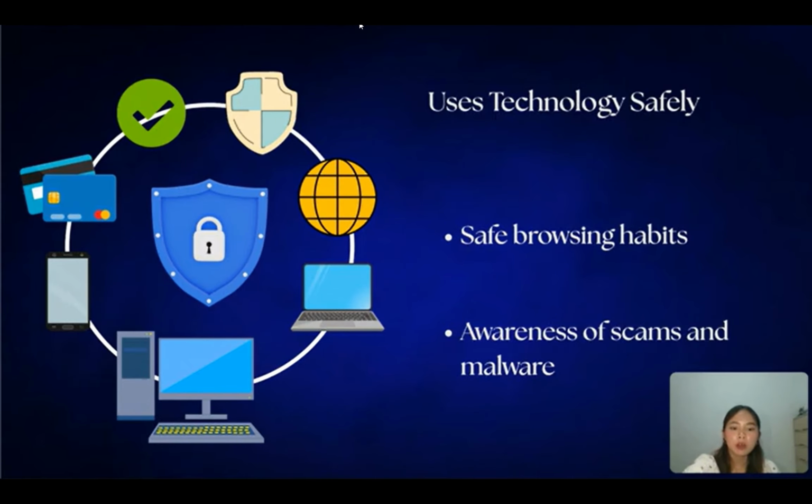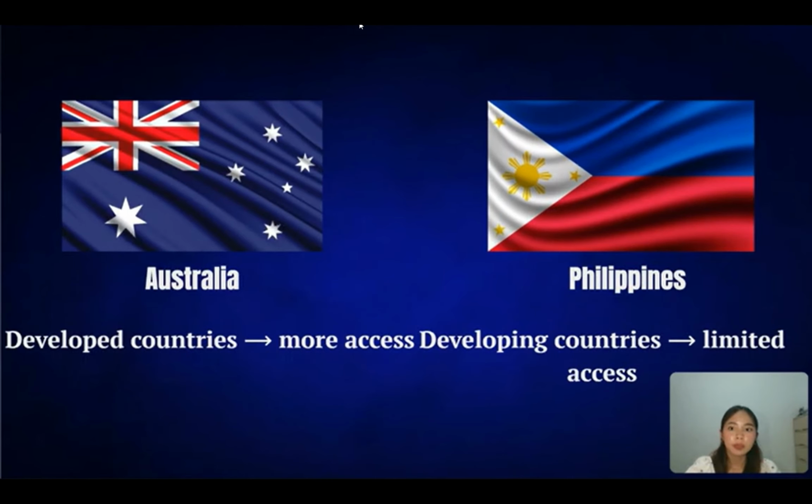So moving on. I have here two countries: Australia, a developed country with more access, and the Philippines, a developing country with limited access. So first, let's look at Australia.